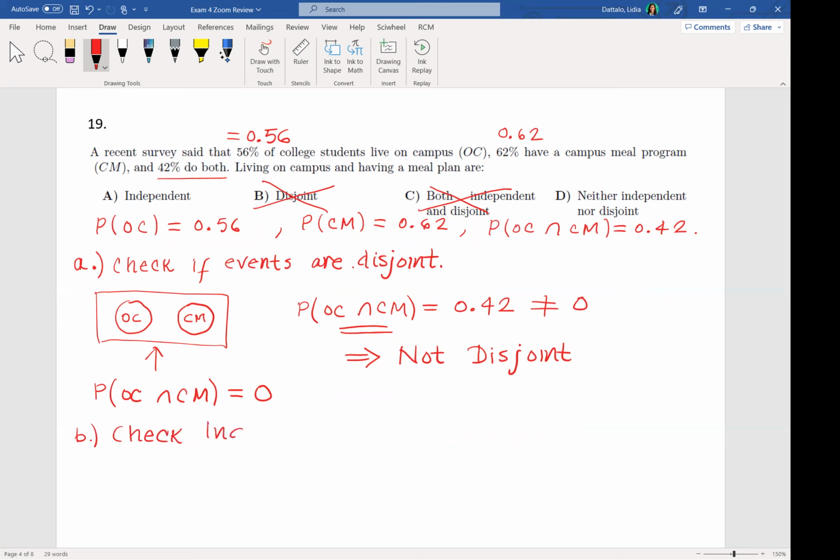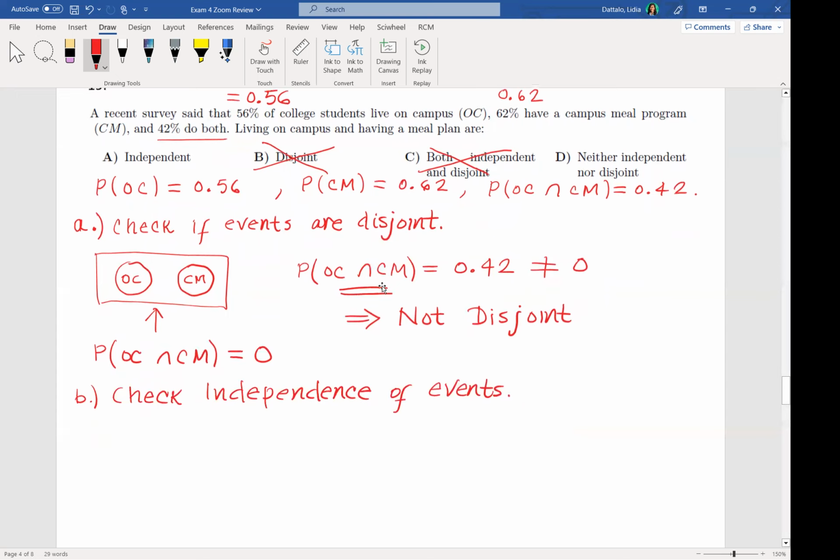Check independence of these events to see if they even are independent. Okay. Well, one approach is this. I'll point out one approach that is actually a good one because of all the information, the probabilities, that was given here. This is a very nice way to check independence.